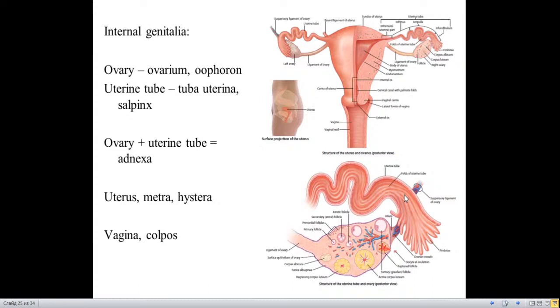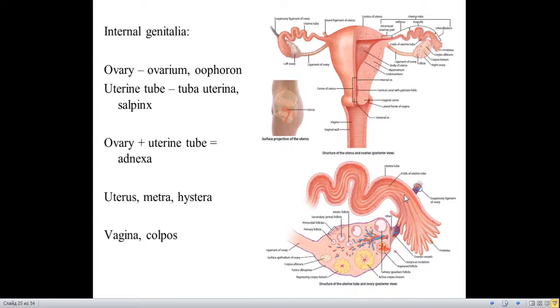Actually, there are two factors. First one, the uterine tube, as any tubular organ, has 4 layers. The innermost of them is the mucosa. And the mucosa of the uterine tube is lined with ciliated epithelium.